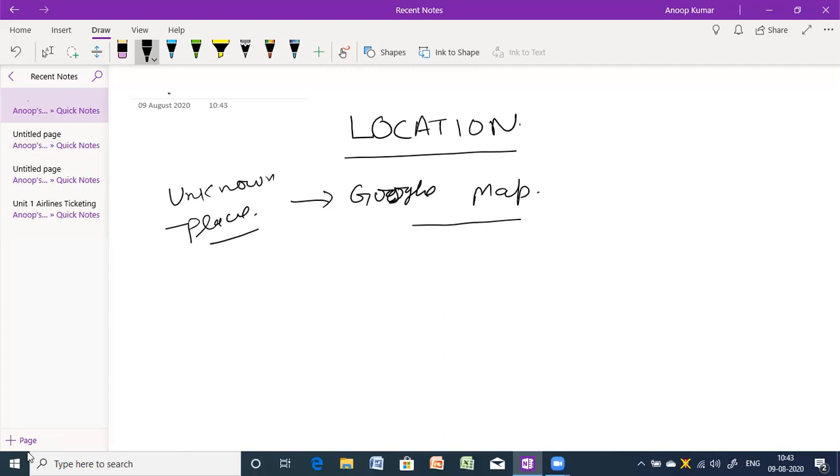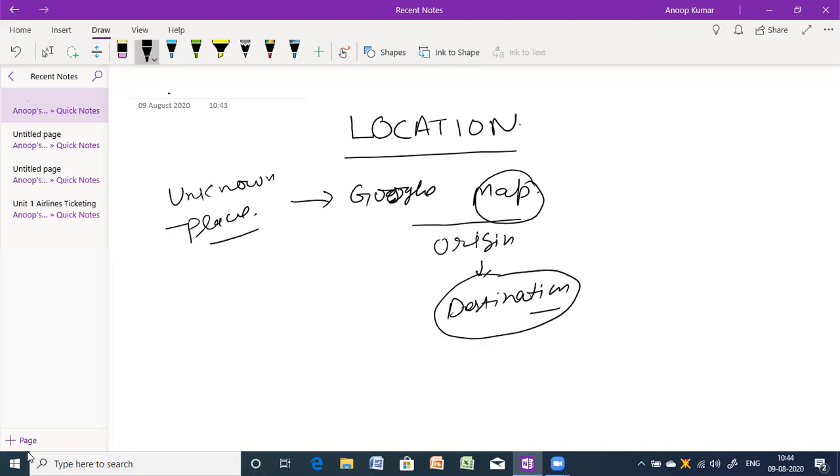We just put our origin place as well as destination place, and Google Maps tells us the exact way to reach the destination place. This will tell us the shortest route, the busiest route, where the traffic is more, where the traffic is less. So the question is how does Google do that?